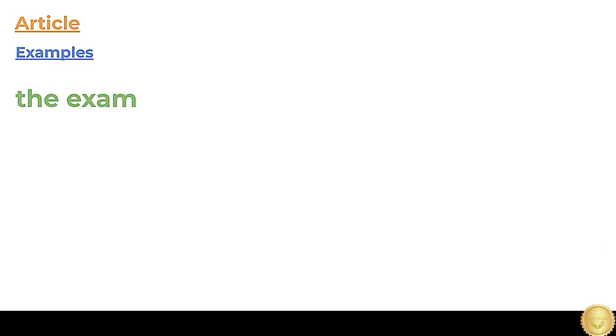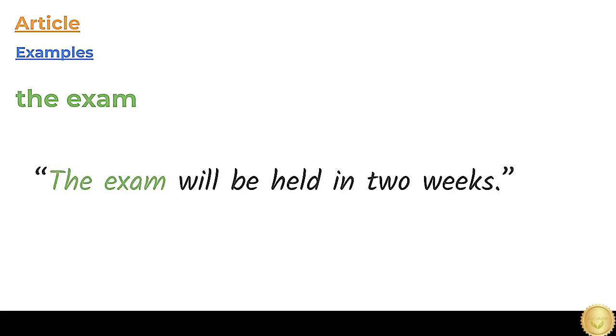Okay, and another one, the exam. We've used the definite article, so everyone in this situation will know which exam we're talking about. The exam will be held in 2 weeks. So context is really important here, because this might be a teacher telling the class about the exam, so everyone understands what the teacher is talking about.